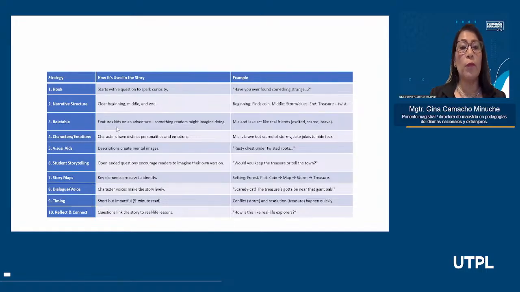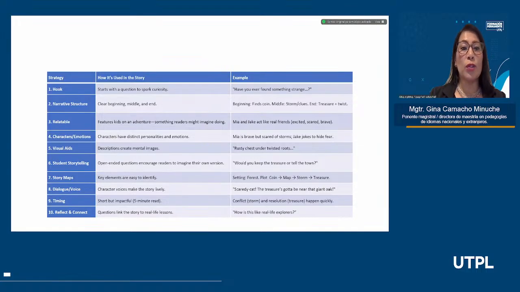Relatable. Features kids on an adventure, something readers might imagine doing. For example, Mia and Jake act like real friends. Excited, scared, brave. You have emotions there.